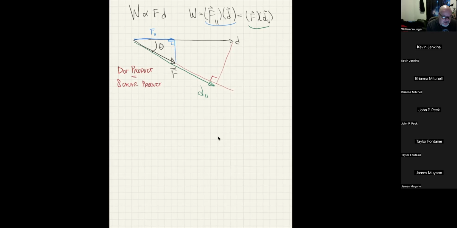And anybody want to guess what the reason is that they call it a dot product or the scalar product? Because you're multiplying vectors, and what do you think the answer is going to be?